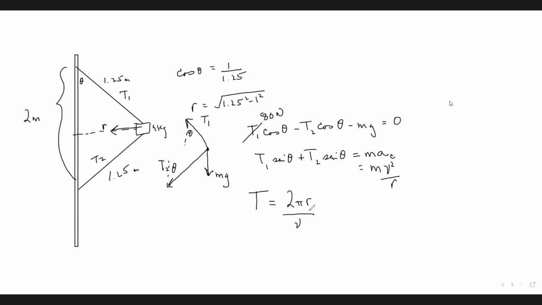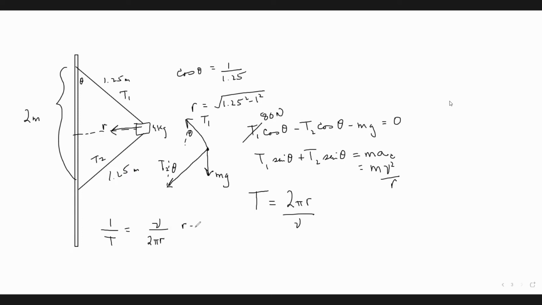So revolutions per second is 1 over T, which is equal to v over 2 pi r.